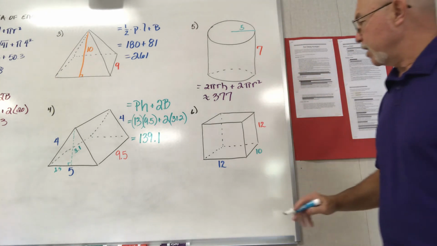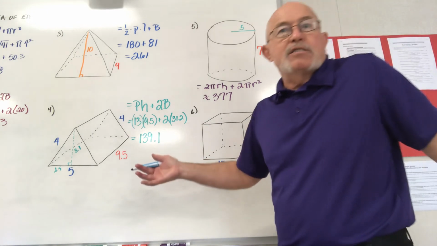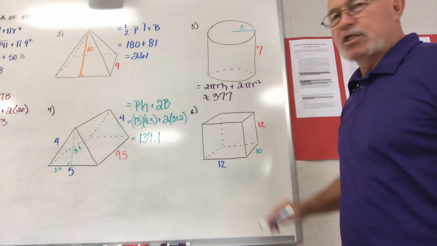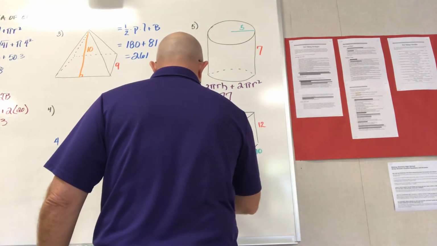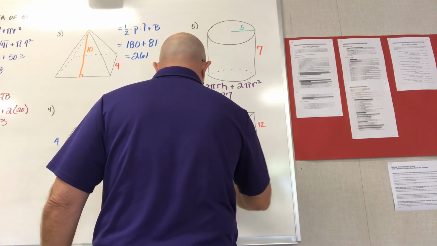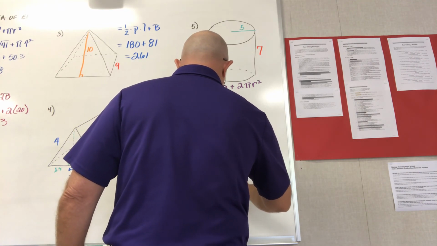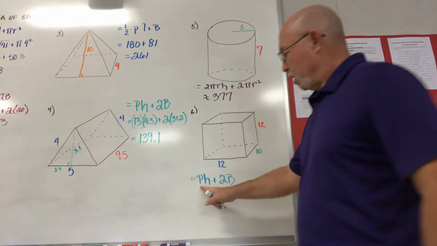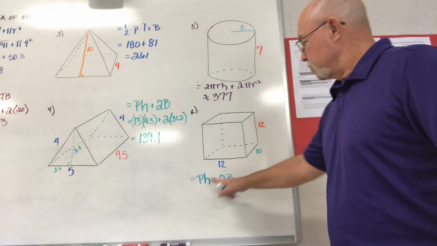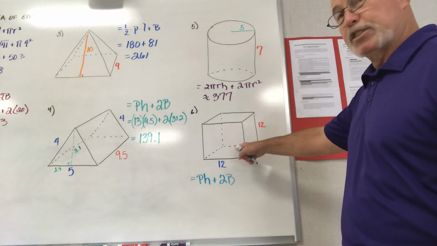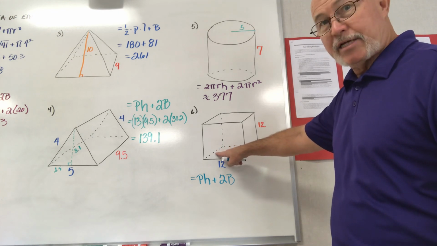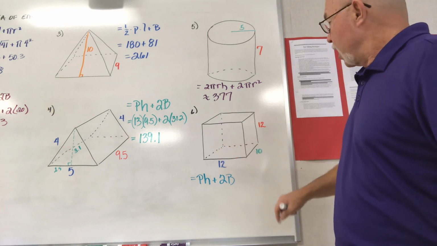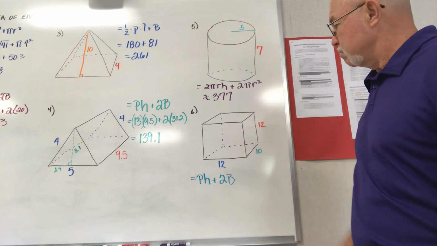Finally, a box, a rectangular solid. Perimeter of the base, 12 plus 10 plus 12 plus 10, times the height.